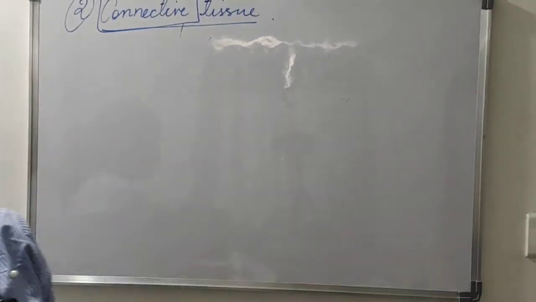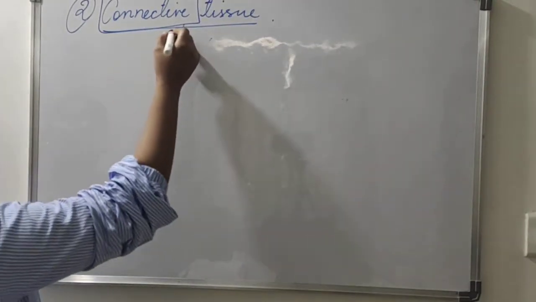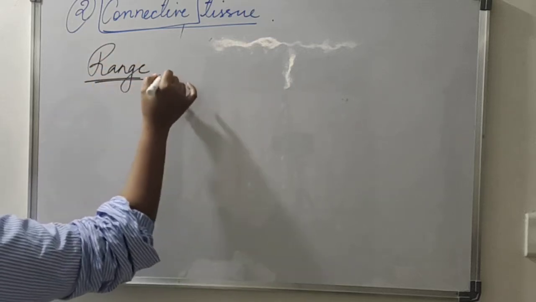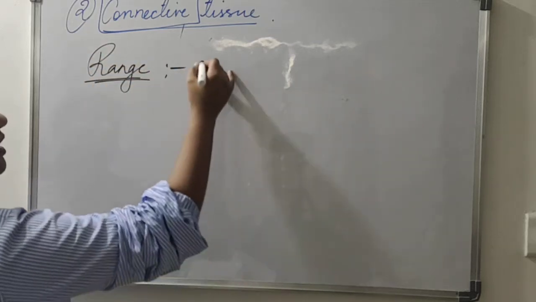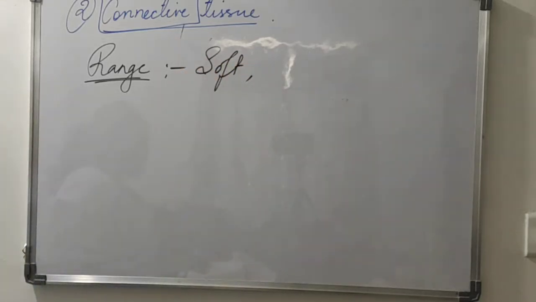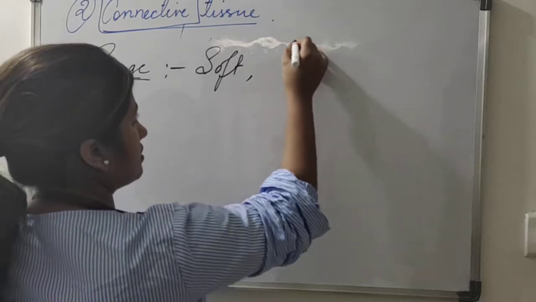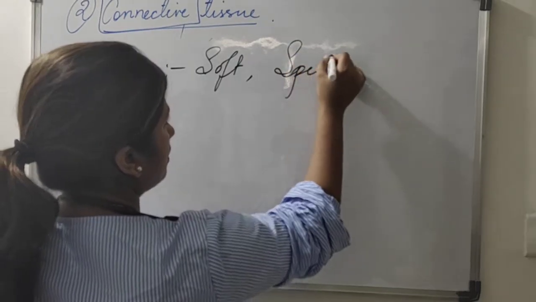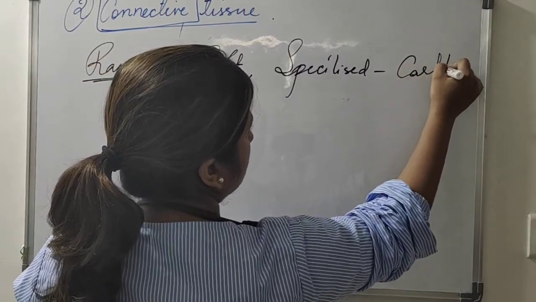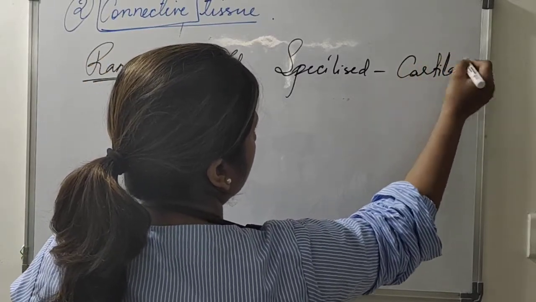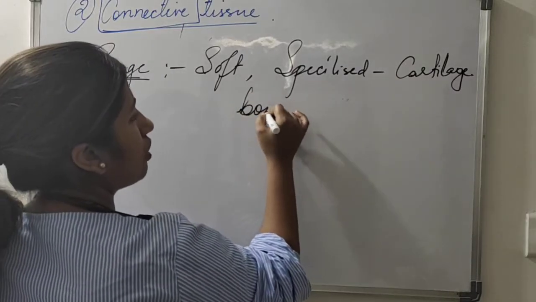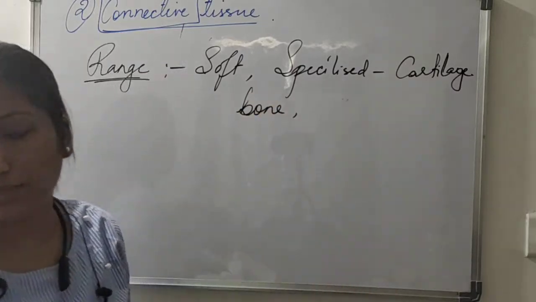There is a range of connective tissues, different types. Some connective tissues are very soft, and some are specialized, such as flexible tissues like cartilage. Cartilage is solid and flexible, whereas bone is solid and rigid, not flexible.